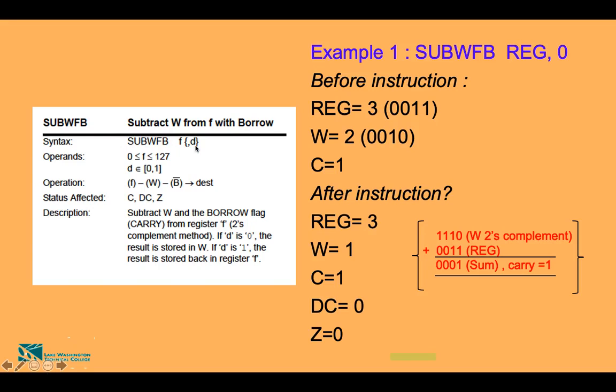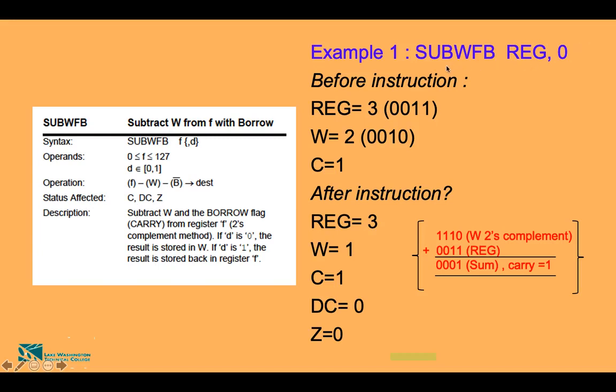And the operation is this. And you know that F, the file register, is 16-bit. It has 16 bits, so that's why it is represented like this. And the status affected in this case is C, DC is the digit carry, and Z is your 0 bit.